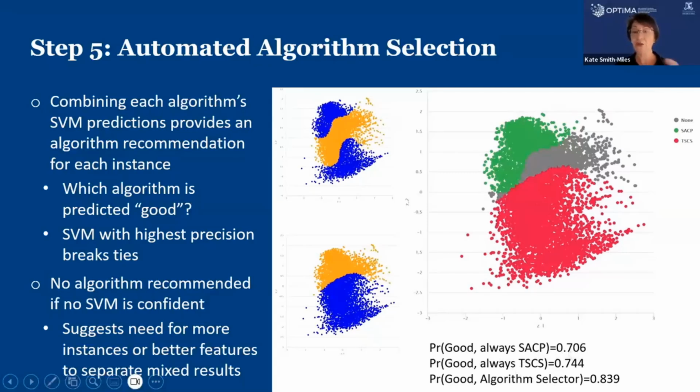If I just used taboo search everywhere, because it's the best on average, I would have chosen the best algorithm 74.4% of the time. But if I listen to the instance space analysis and the automated algorithm selection and pick the algorithm that it tells me to, I would have chosen the best algorithm 83.9% of the time. So that's what I always look to when my students do an instance space analysis. I always look to those numbers to see whether or not this was beneficial. Did we learn anything?